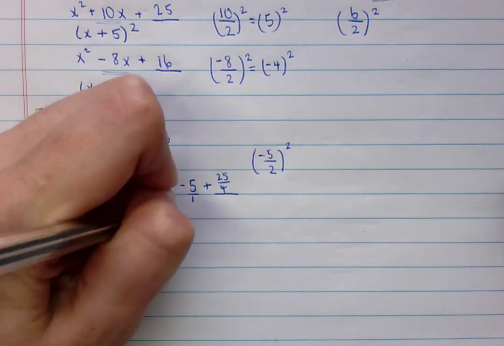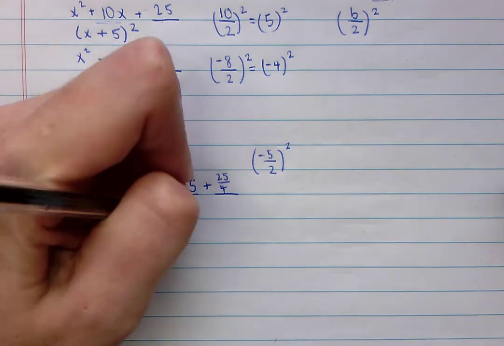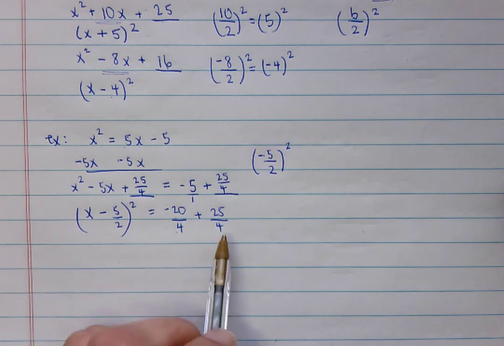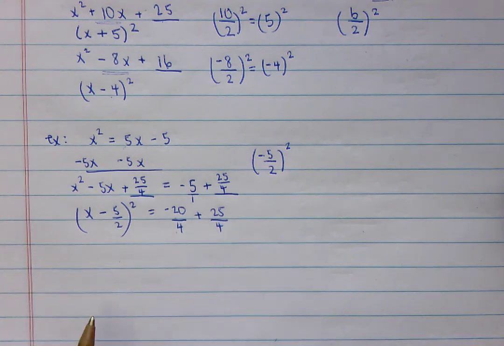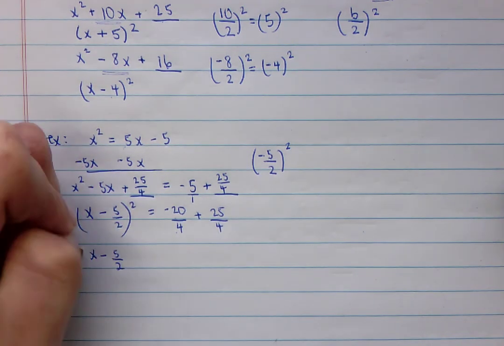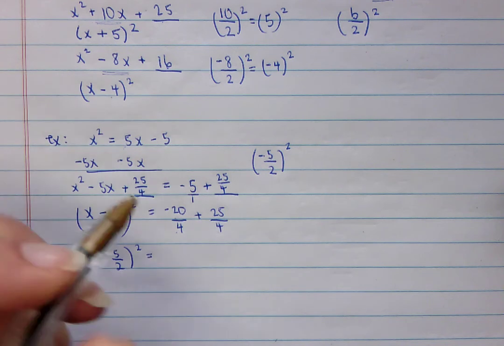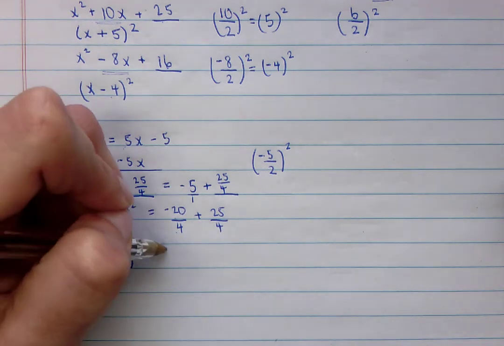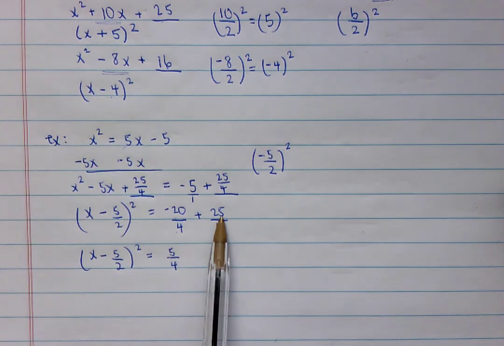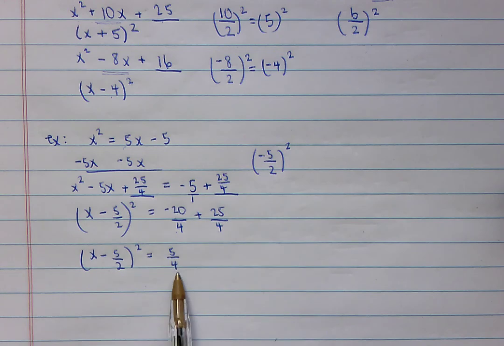So that's negative 20 plus 25. So we got negative 20 over 4 plus 25 over 4. And when we simplify that, so I'll rewrite the left side. When we simplify this, we end up with 5 over 4, because negative 20 plus 25 is positive 5, and we still have it over 4.